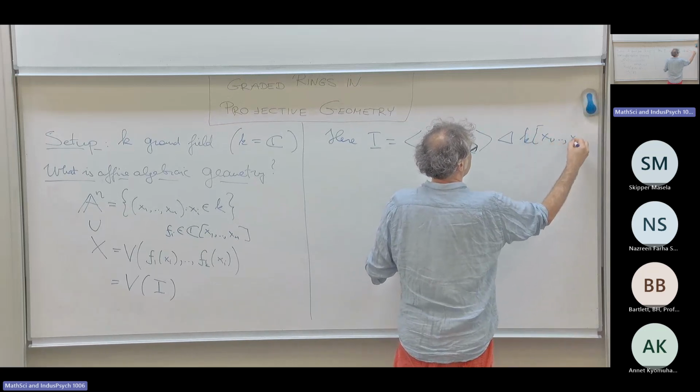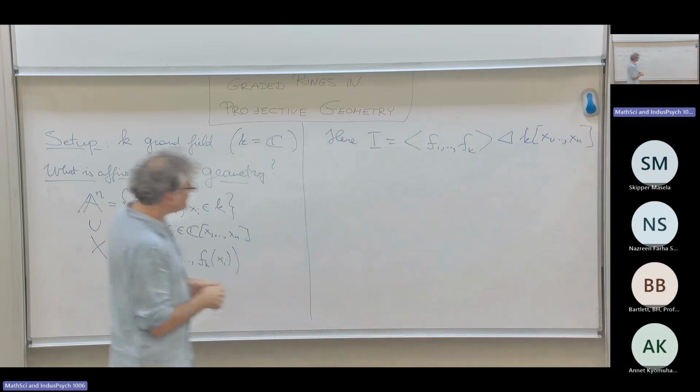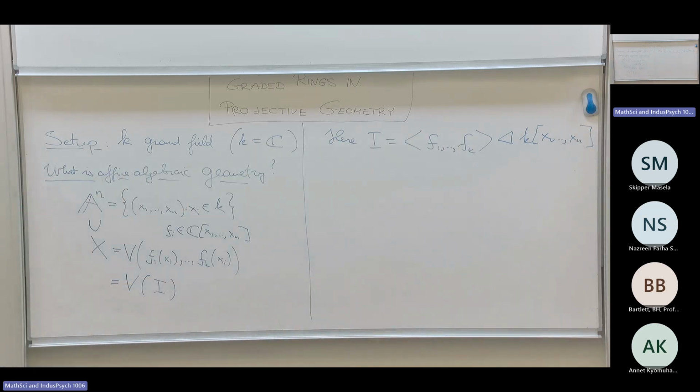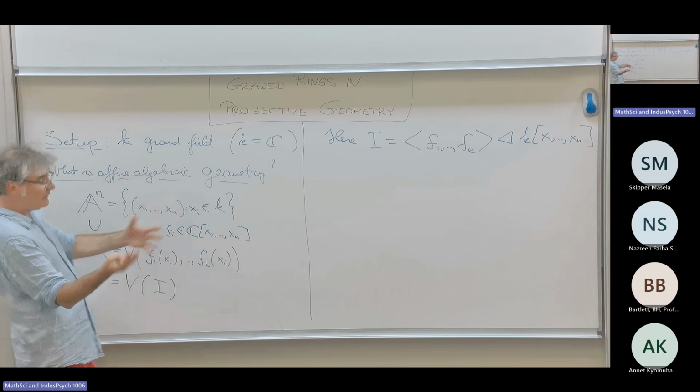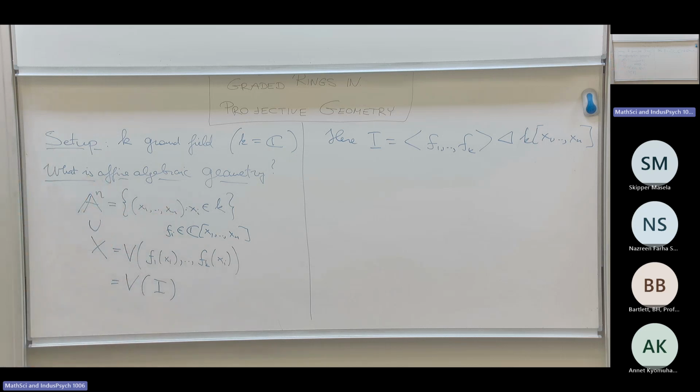So that's the standard setup, and of course this goes back to high school mathematics, where maybe over the real numbers we could just take linear polynomials, and then we are talking about the intersection of two lines in a plane, or the intersection of planes in free space, and so on. So this is the geometric setup.